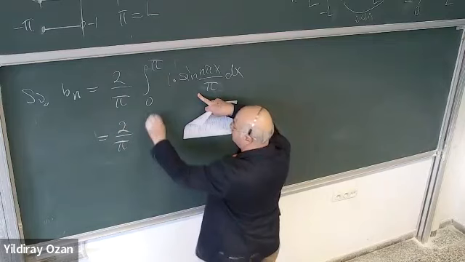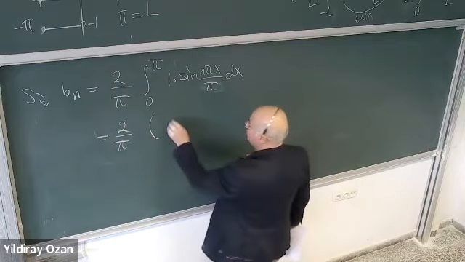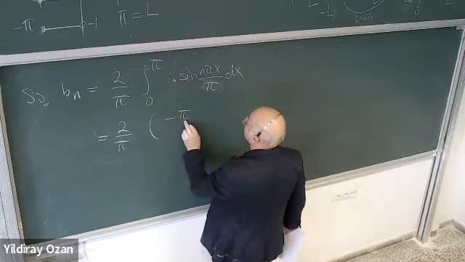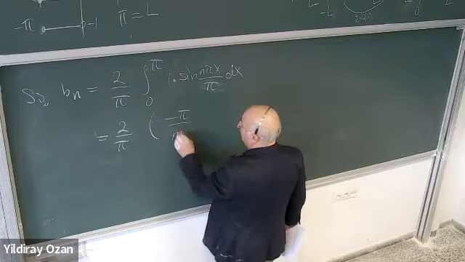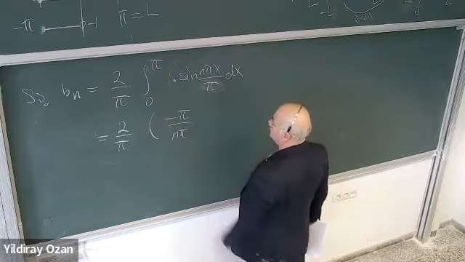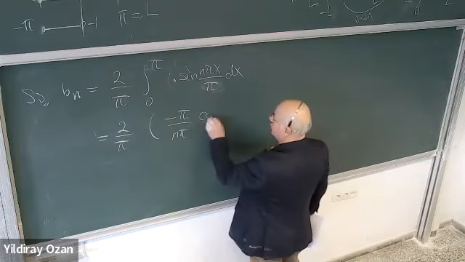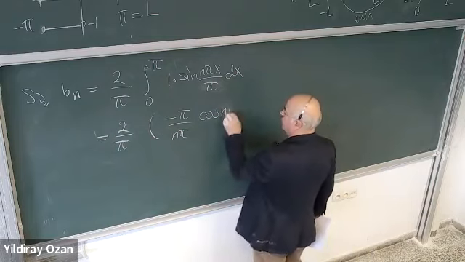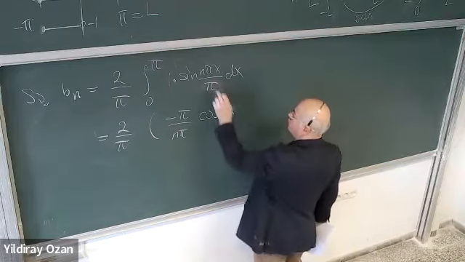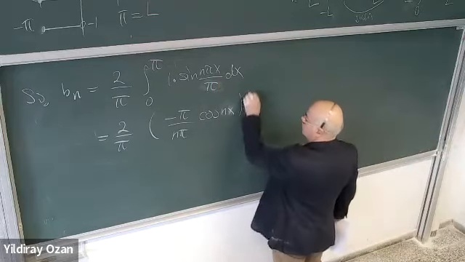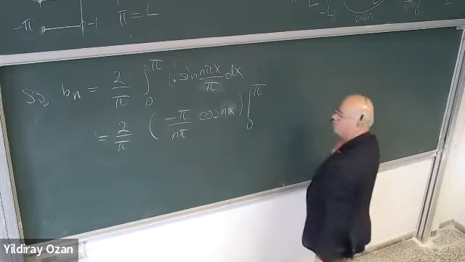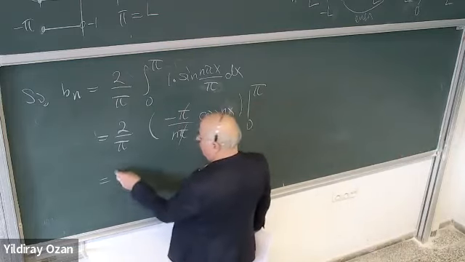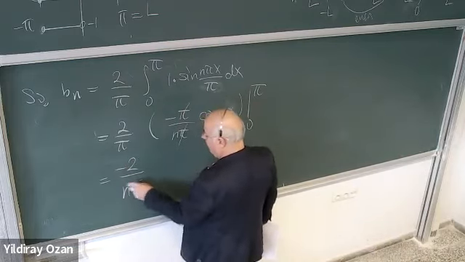Integral of sine is just cosine, but minus, right? Minus pi over n pi. Yani x'in katsayısı aslında 1 bölü n, yani başka bir şey değil. Cosine nx. Pi yazmaya gerek yok. Pi's are cancelled, right? So 0 to pi. So these are cancelled, of course. So minus 2 over n pi.